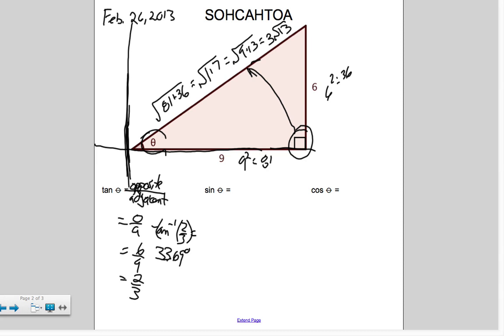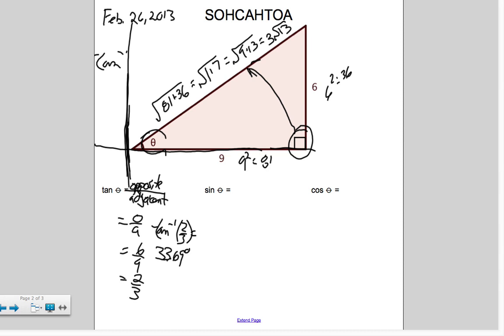Do you have a question? You told me a second ago, I forgot, the second tan. So you look above the tan button on your calculator, and you see tan inverse, tan -1. That's the second function. So I take 2 over 3 and do tan inverse.